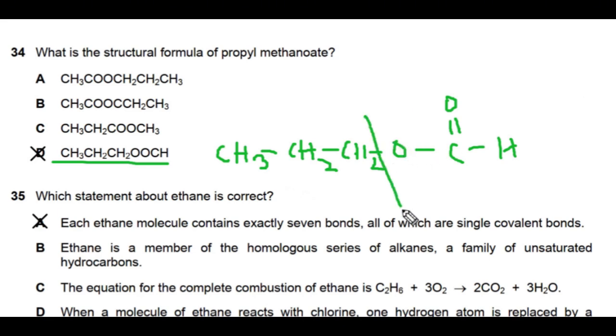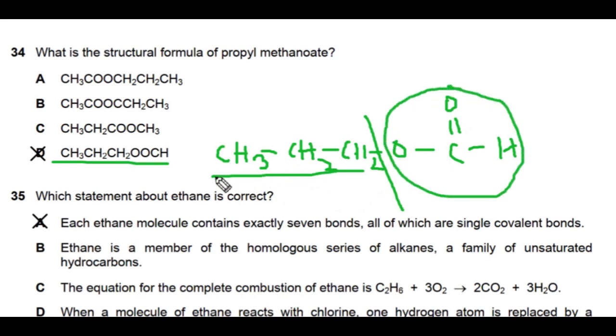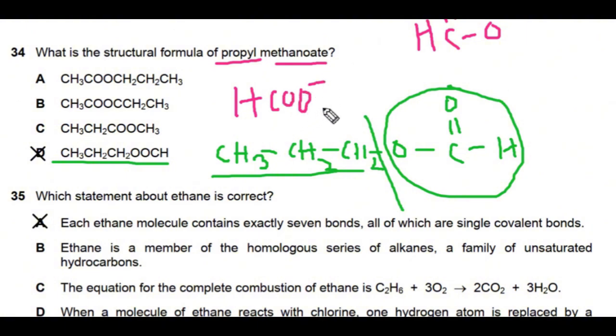This is the alcohol part, propyl. This is the acid part. So this propyl is CH3 CH2 CH2, and this is propyl methanoate. H C double bond O means HCO, the methanoate, a one-carbon alkanoate. HCO minus, this is methanoate.